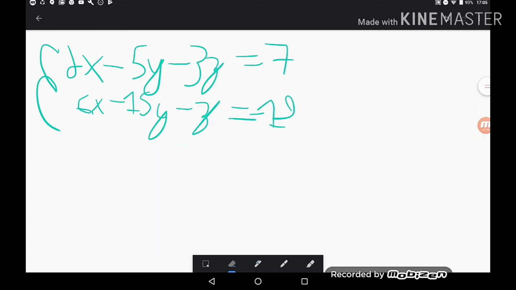Alright, so now I'm going to get rid of the y's this time. So I'm going to keep my top equation the same, and I'm going to alter the bottom equation. So in order to make 15y a positive 5y, I'm going to multiply by negative 1/3. And this is your new equation once you multiply by negative 1/3.